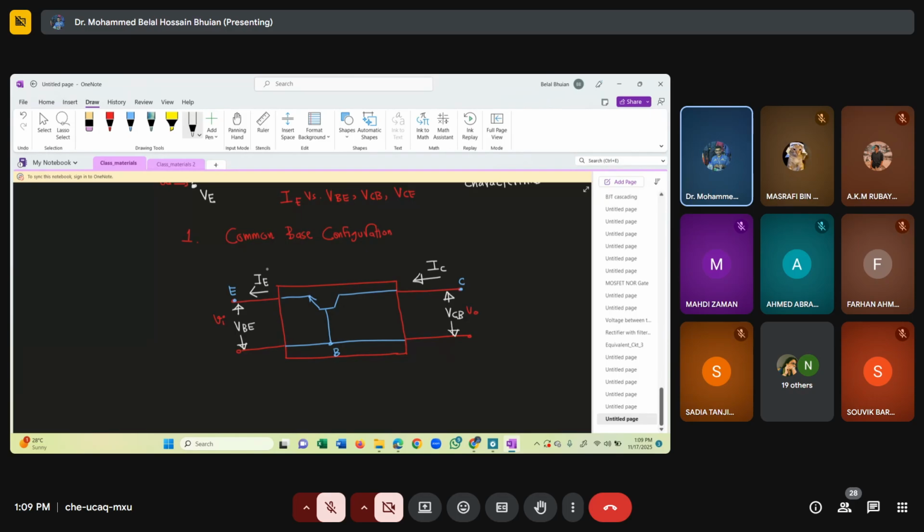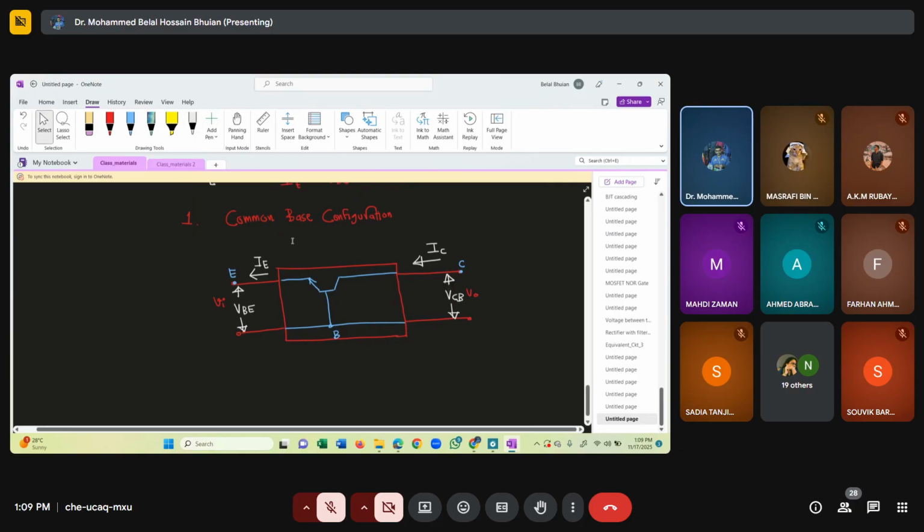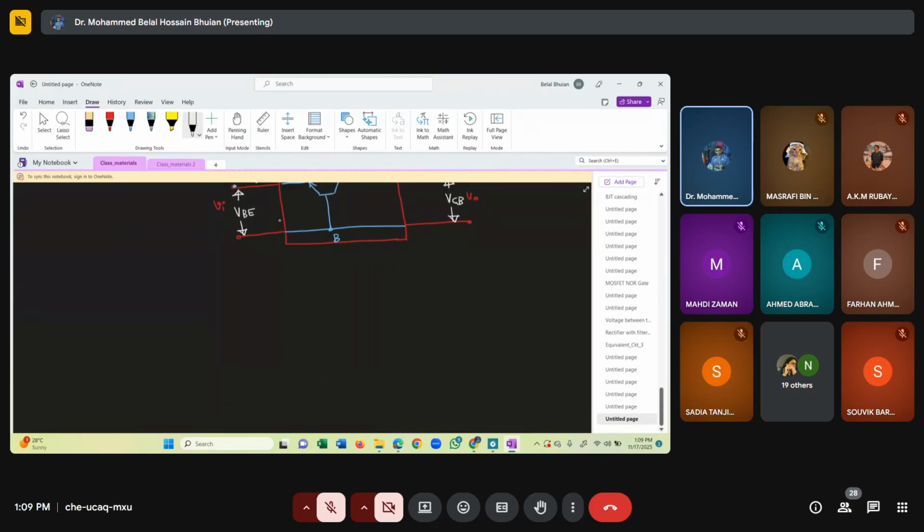So that means we have two types of characteristics: the input characteristics, finding the relationship IE versus VBE, and the output characteristics, that is our IC versus VCB.